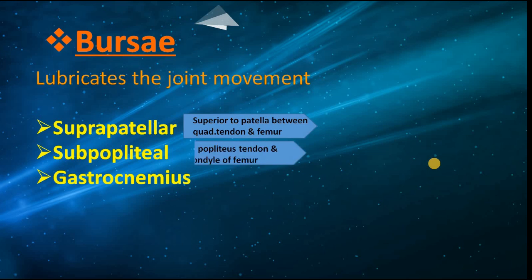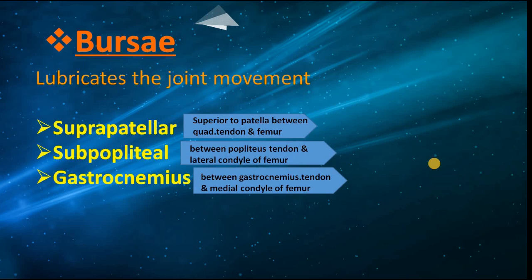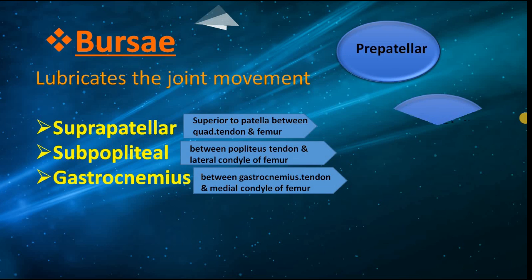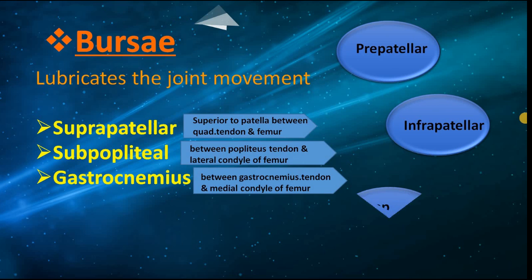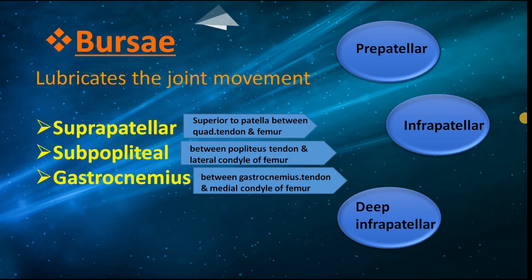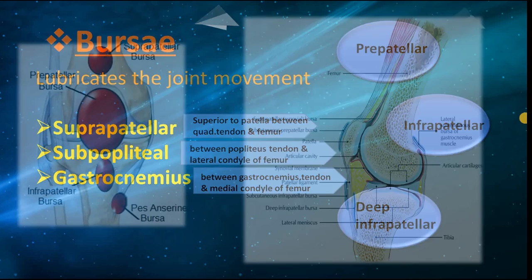The subpopliteal bursa is present between the popliteus tendon and the lateral condyle of the femur, and the gastrocnemius bursa is present between the gastrocnemius tendon and the medial condyle of the femur. There are also other bursas present in the knee complex, which are the prepatellar bursa, infrapatellar bursa, and the deep infrapatellar bursa. As the name suggests, the prepatellar bursa is present anterior to the patella, and the infrapatellar bursa is present inferior to the patella.